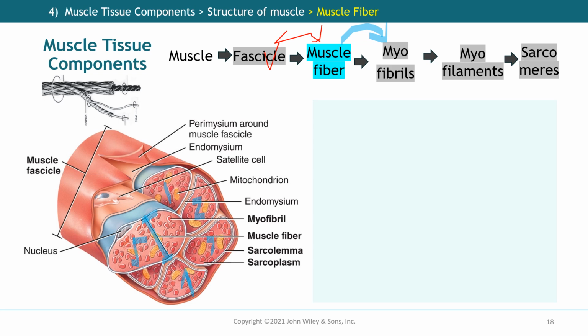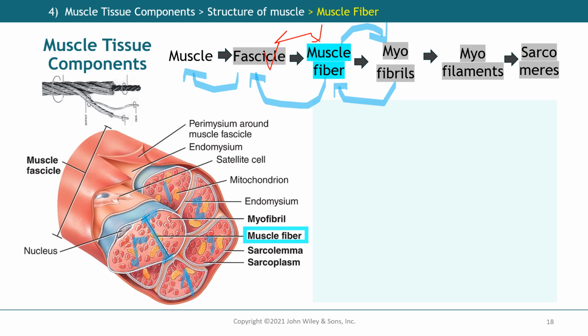There are a lot of myofibrils inside of the muscle fiber that are surrounded by connective tissue, and many muscle fibers will compose a fascicle, and many fascicles will compose a muscle. Okay, so all this has a similar structure.